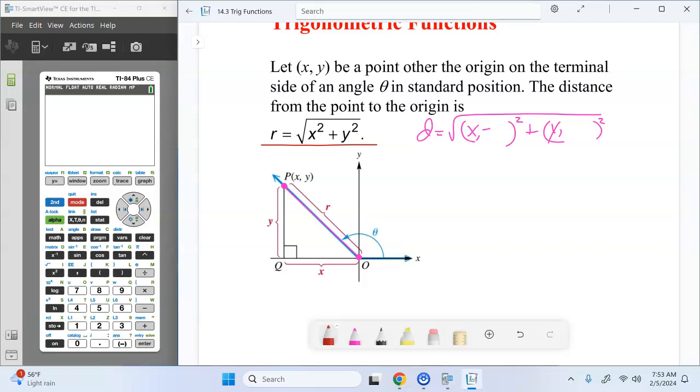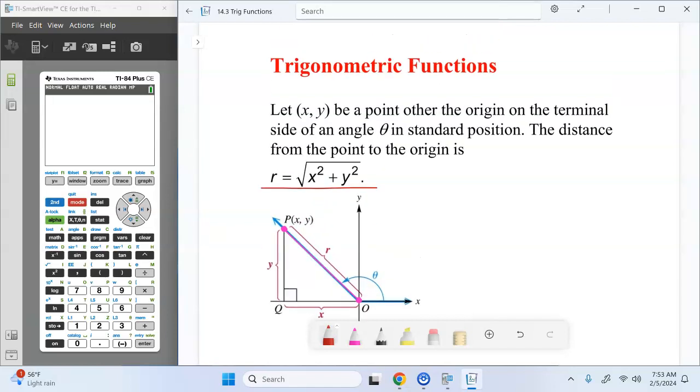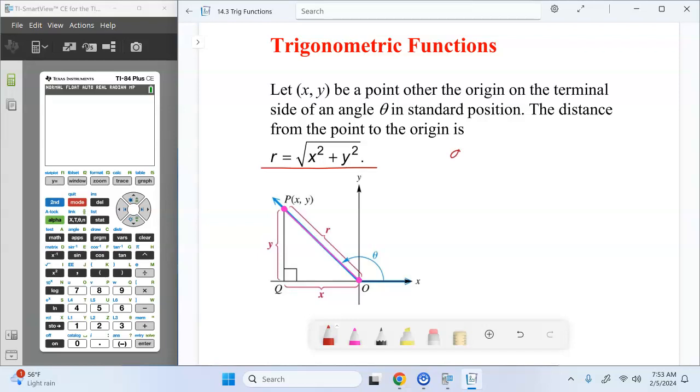Now, the distance formula comes from right triangles. If I have 2 sides of a right triangle, what do I use to find the third side? The Pythagorean theorem: a squared plus b squared equals c squared. That's the distance formula.